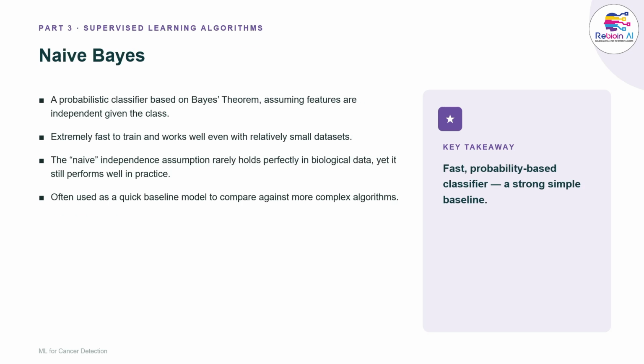Naive Bayes is a probability-based classifier built on Bayes' theorem, a fundamental rule about updating beliefs given new evidence. It calculates the probability a patient is malignant given their feature values by combining the individual probability contributions of each feature.